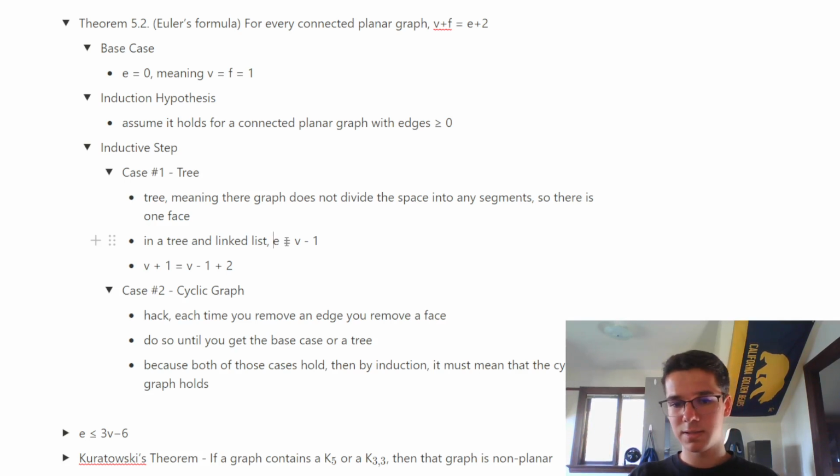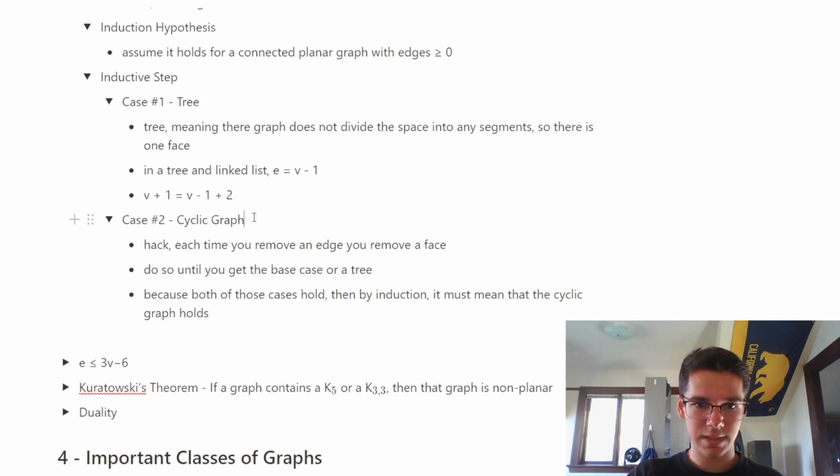Think of a linked list. Say there's 3 nodes, and you just have node 1 connected to node 2, connected to node 3, and notice how there are 3 minus 1 connections between all of them. A linked list is also a tree.